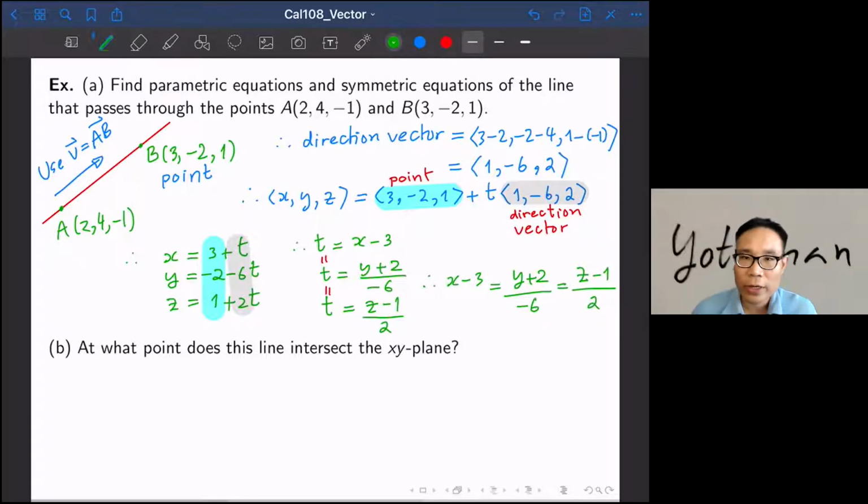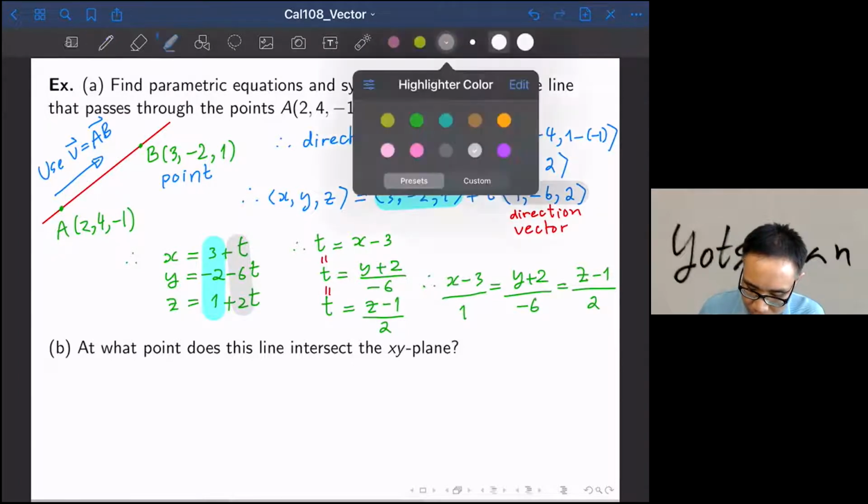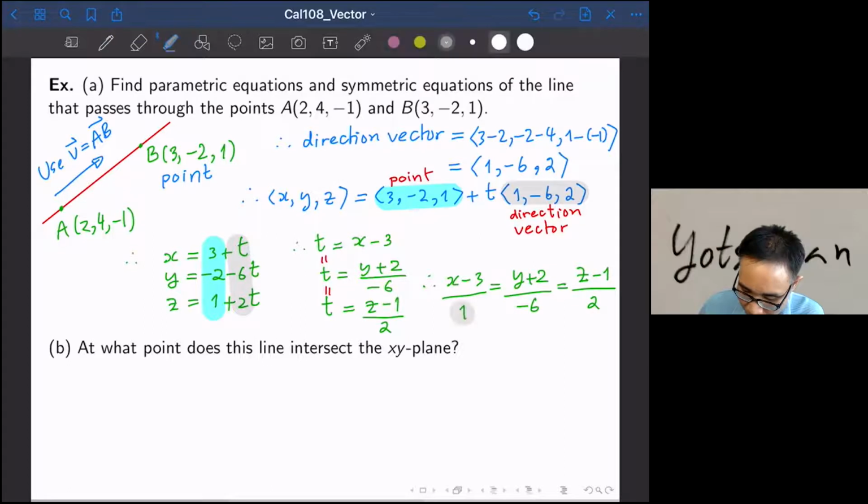For the sake of completeness, let me write the 1 here. So you see that the vector turns out to be on the bottom: 1 is under x, negative 6 is under y, and 2 is under z. And you're going to have the point next to x, y, and z.